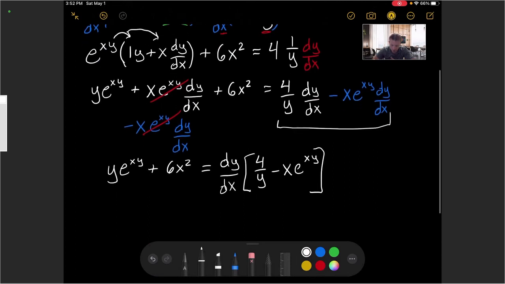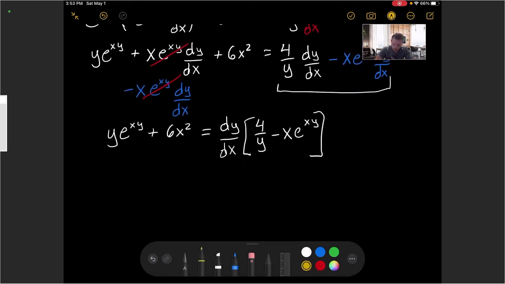And then the last thing we could do here, just to solve for our dy/dx, is to divide both sides by the function to the right. So if I rewrite this for dy/dx, this will be our numerator right here, and we'll divide by this term on the right.